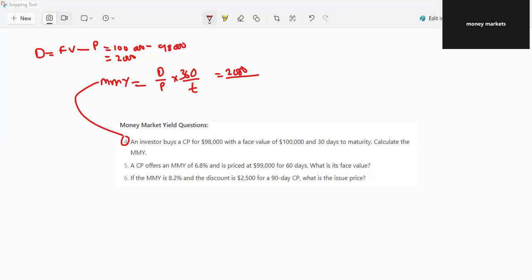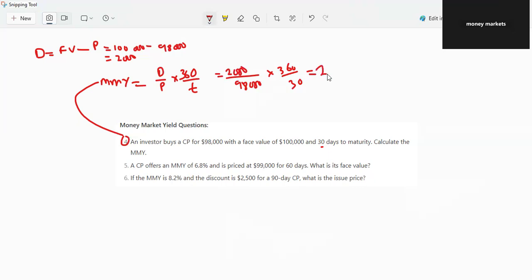So 98,000 here, times 360 over the time, which is, what is our time here? 30. So what we get as our money market yield, when you compute that properly, is 24.49, about 24.5.